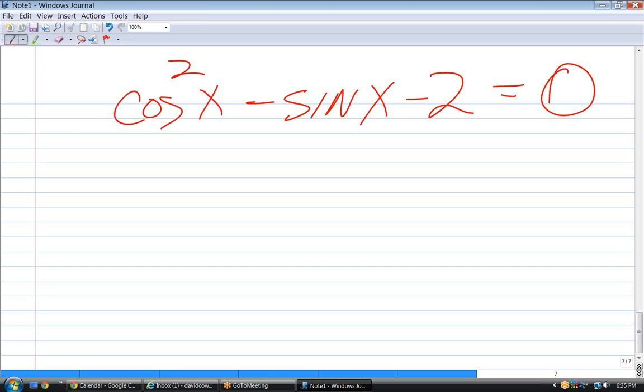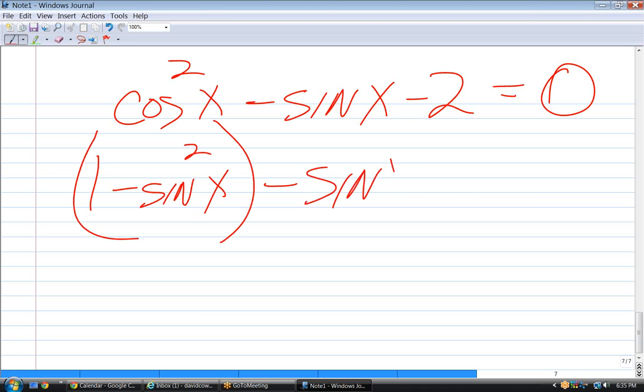If you're given a trig equation that has different trig functions in it, those are the hard ones, because you want to turn them all into the same trig function in order to solve it. Hopefully you'll end up with a quadratic. Well, if I was given this, I would substitute for cosine 1 minus sine squared. Simplify and factor.